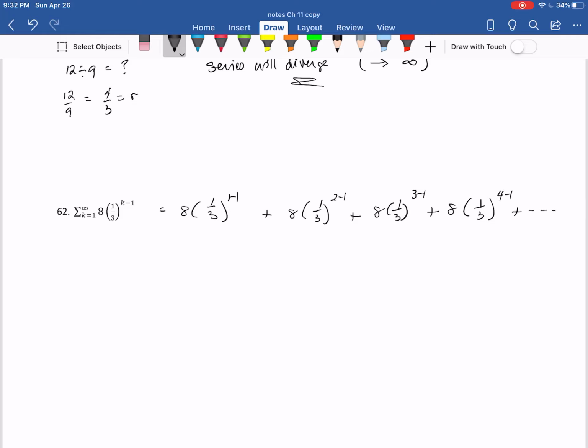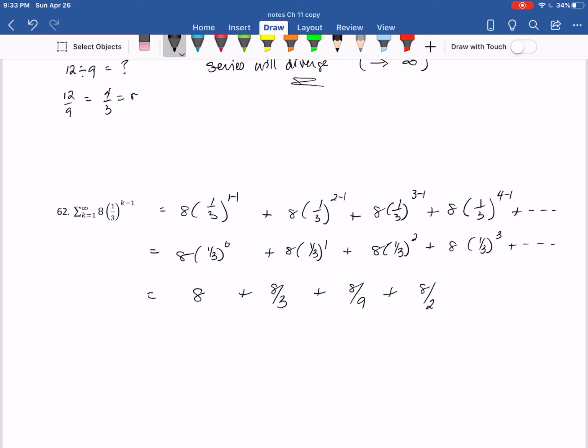Let's figure out what these are. 8 times 1/3 to the 0. 8 times 1/3 to the 1. 8 times 1/3 squared. Or how about 8 plus 8/3 plus 8 over 9 plus 8 over 27, dot, dot, dot.